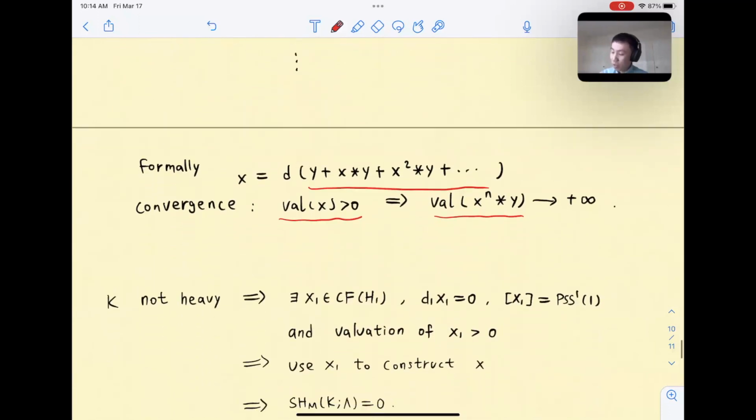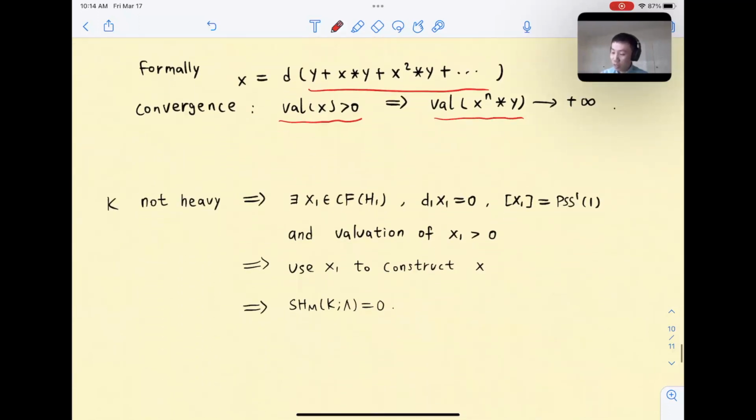So finally, how do we use this algebraic lemma to finish the proof? Suppose K is not heavy, then we have some function which is roughly 0 on K and positive outside of K, and such that we have a chain level representative of the unit which has positive valuation. So that's somehow the definition of heaviness, which we used before.